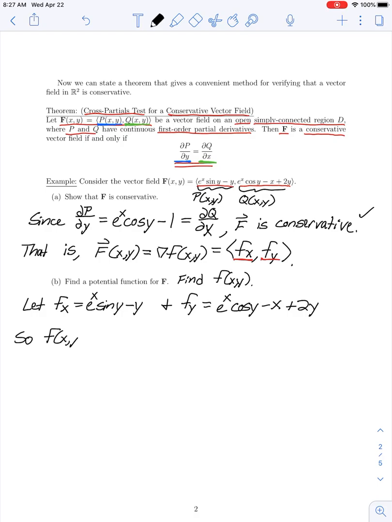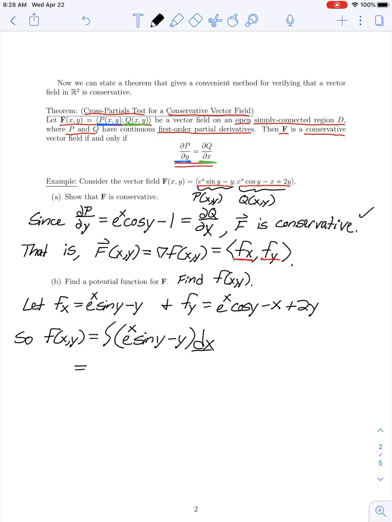Our potential function, f of x y, we could find one way by taking the antiderivative of the partial derivative with respect to x, which was e to the x sine y minus y. And since that was the derivative with respect to x, we would need to find the antiderivative with respect to x. That is, we have dx on the end. So let's see if we can find our antiderivative here.